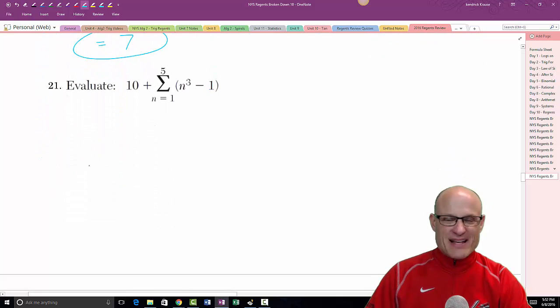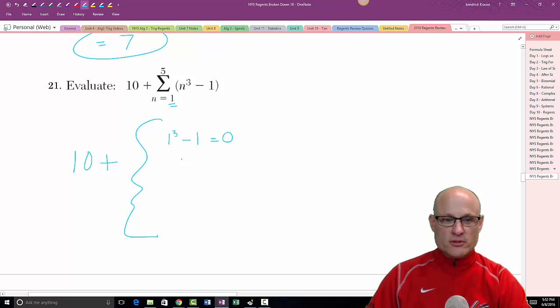Now, I had a bunch of kids mess this up on a problem because they kept trying to add 10 to everything. What this is, is 10 plus all of this summation stuff. So what are we going to plug in first? We're going to plug in a 1. 1 cubed minus 1. Well, that's just 0. And then it's 2 cubed minus 1. 2 cubed is 8. 8 minus 1 is 7.